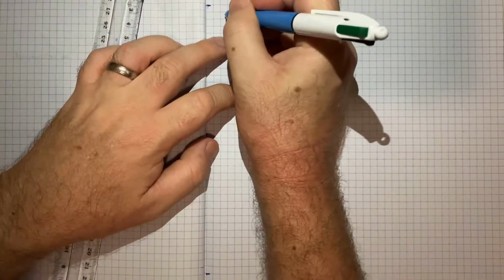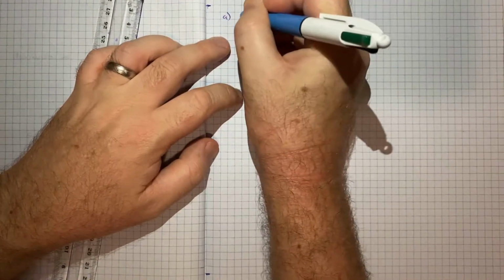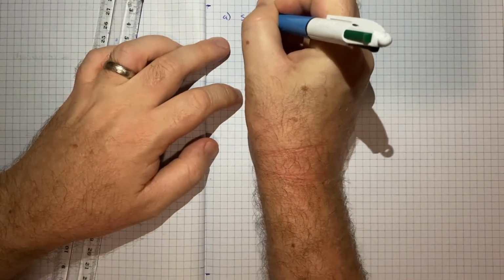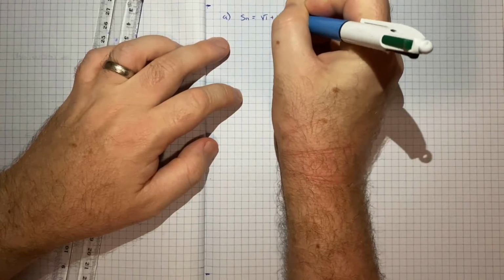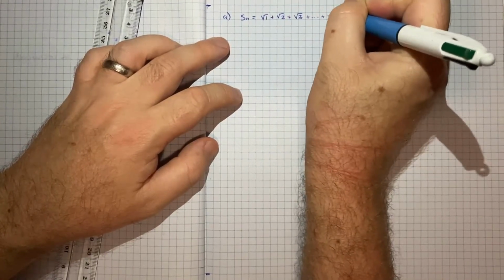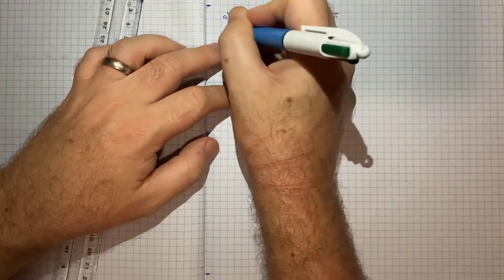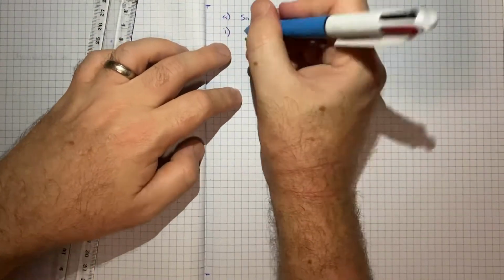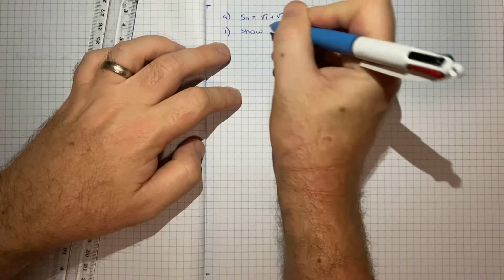Alright, so we're given in this question this sum, Sn equals root 1 plus root 2 plus root 3 and so on, all the way up to root n. And part 1 of this question wants us to show an inequality.